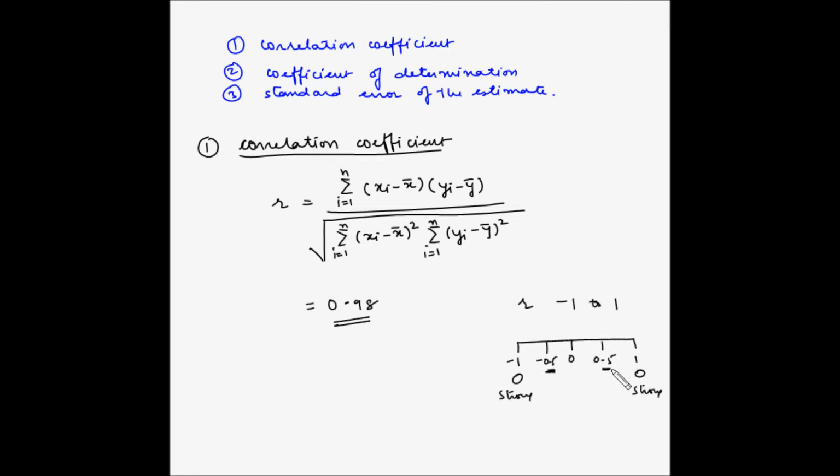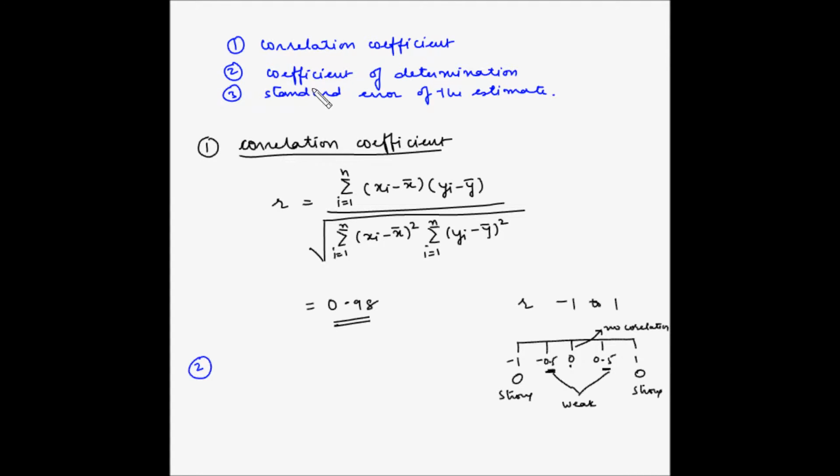At these two points it is weak, and at 0 there is no correlation. In other words, the correlation is strongest at the edges, which is -1 and 1, and as we come towards 0 the correlation becomes weaker. So 0.98 is towards 1, which indicates a pretty strong correlation between the two variables.